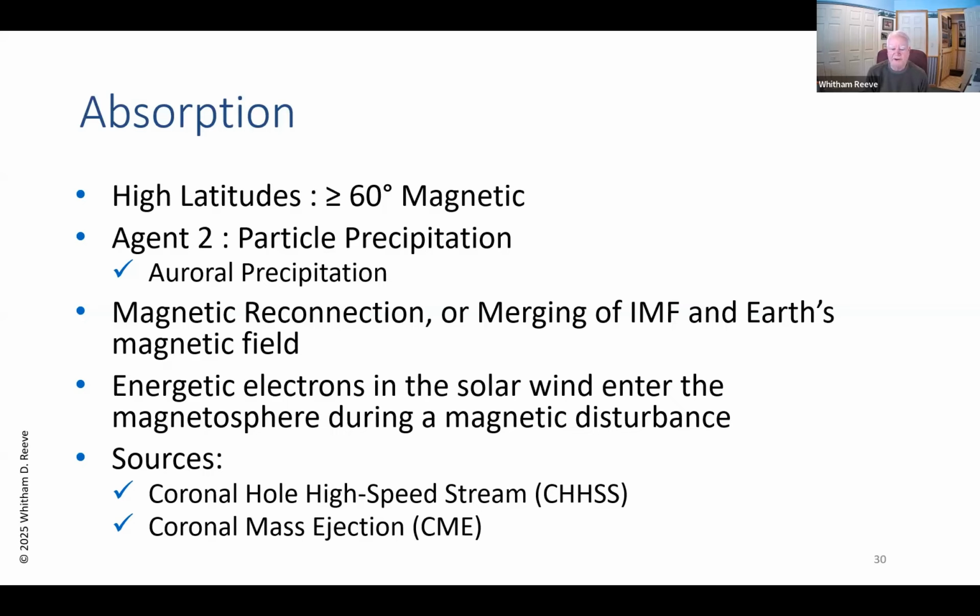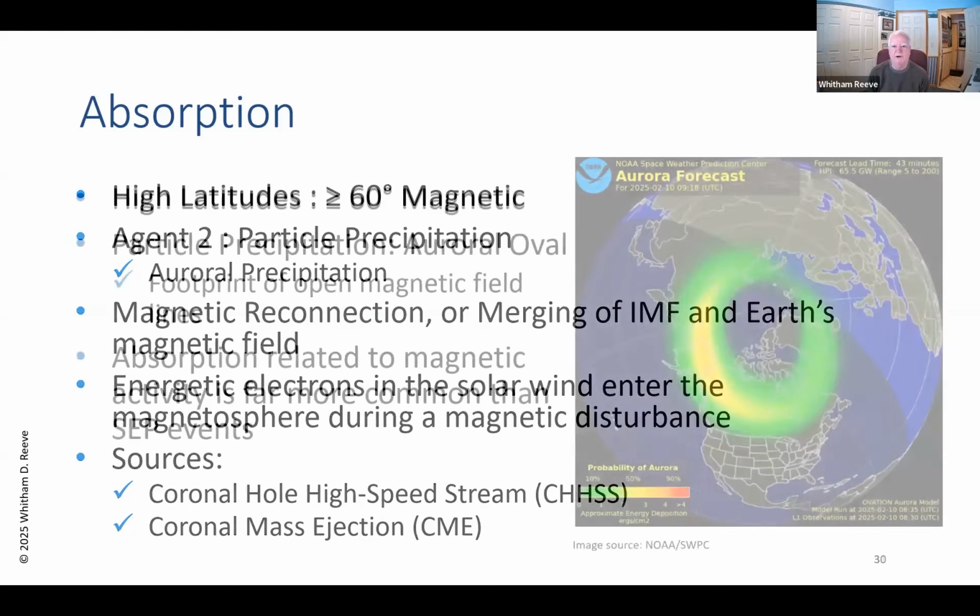Last month we had CME after CME after CME. Right now we're seeing coronal hole high-speed streams, almost a continuous stream of streams, that are causing absorption in the higher latitude ionosphere up here where I'm located.